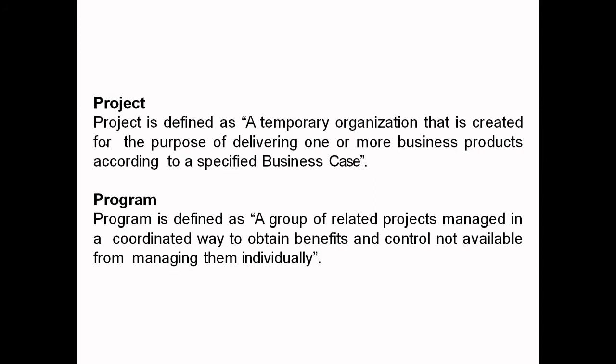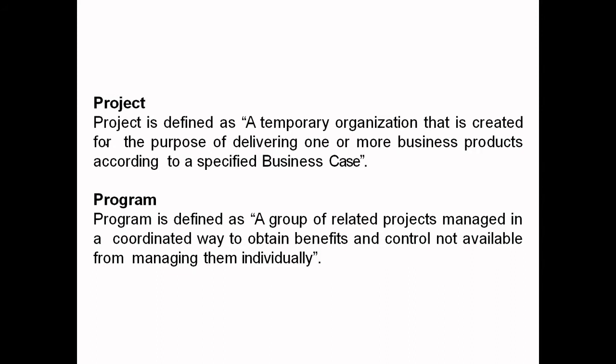While a program is not like that. A program is a group of related projects managed in a coordinated way to obtain benefits and control not available from managing them individually. Here, a group of related projects.